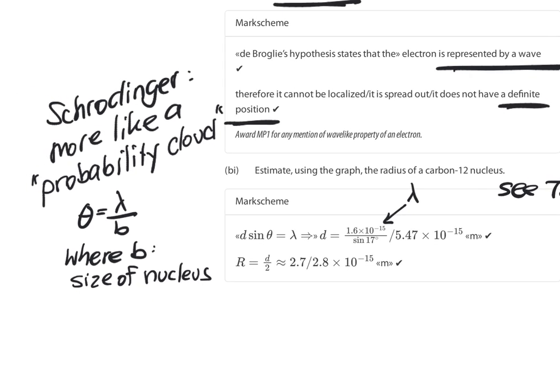And it says sine, but for small angles, theta and sine theta are similar, but you can throw in the angle and the wavelength, and you can solve for the size, which you get 5.47 times 10 to the negative 15 meters. But it says radius, so be careful, read carefully. This right here is the nucleus size, not nucleon, nucleus size.